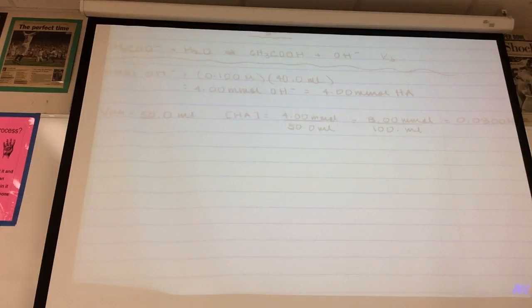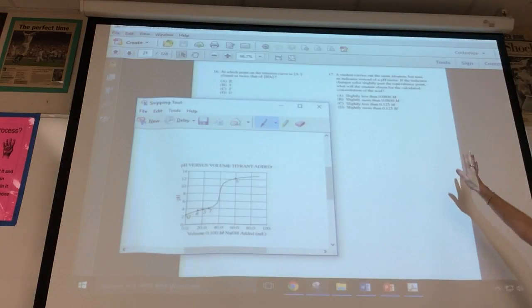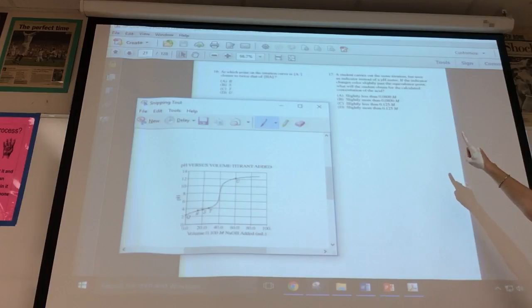You're good? Okay. Now, read critically, and you are much better at this than I. It says he used an indicator and the color changes slightly past the equivalence point. What will the student obtain?